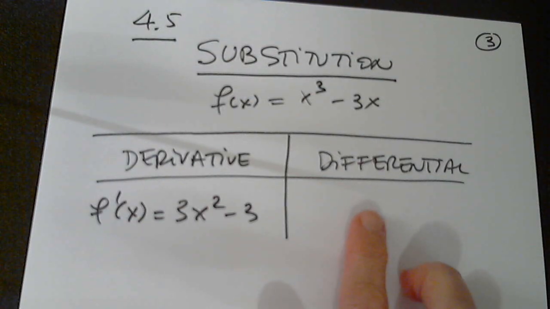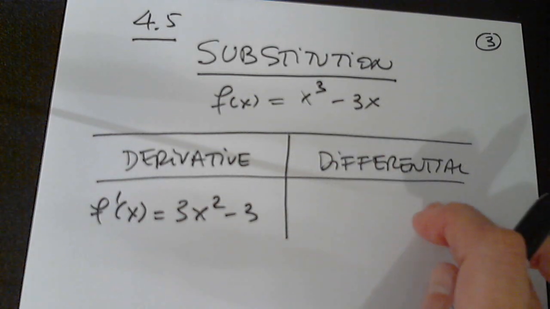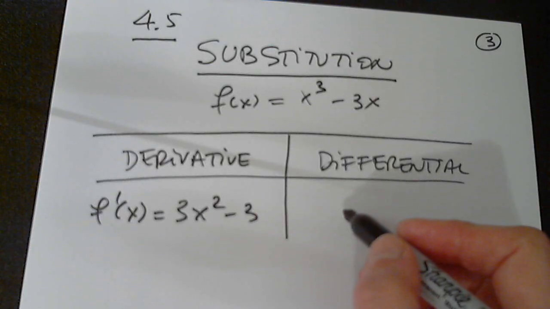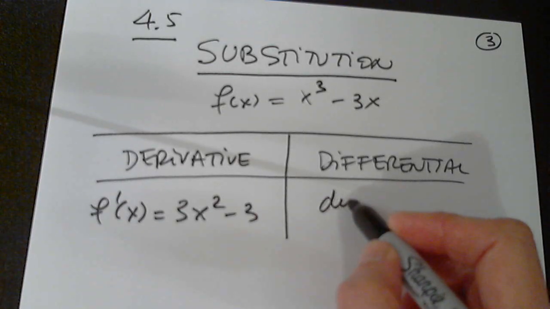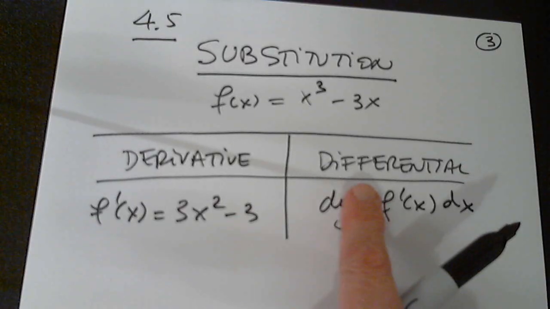Anyone remembers the differential? What is the formula? Anyone, please? 3x squared minus 3. What is the notation? What is the formula first? dy over dx. dy equals f prime of x dx. This is the differential.